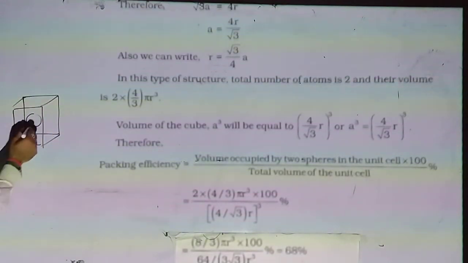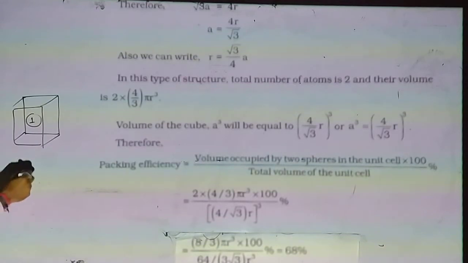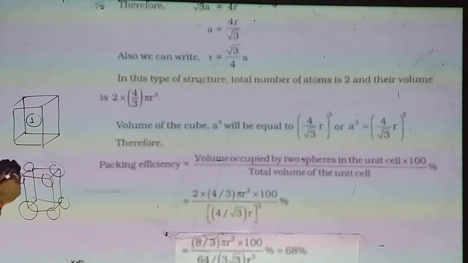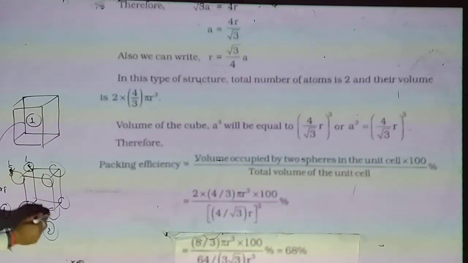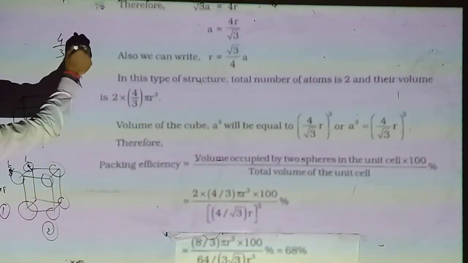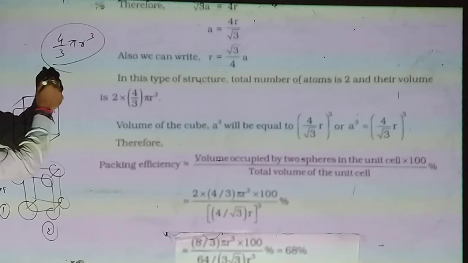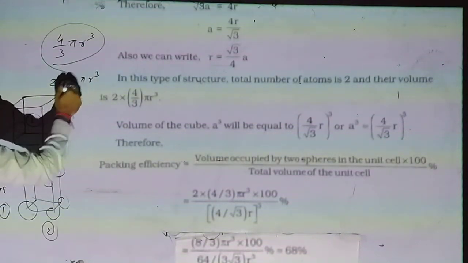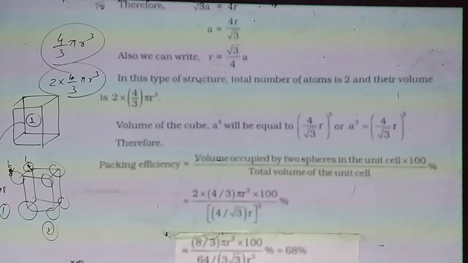One at the center of the cube, it is individual, its own, and due to corners 1 by 8, 8 times. So 1 plus 1, total 2 spheres. So the volume of one sphere is 4 by 3 pi r cube. For the 2 spheres it will be 2 into 4 by 3 pi r cube.